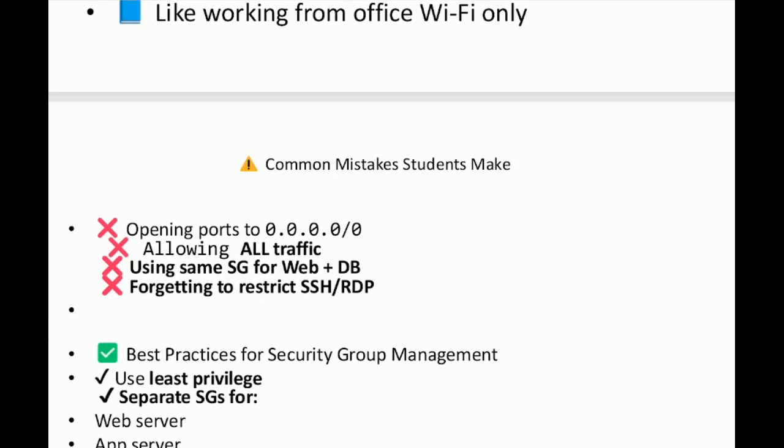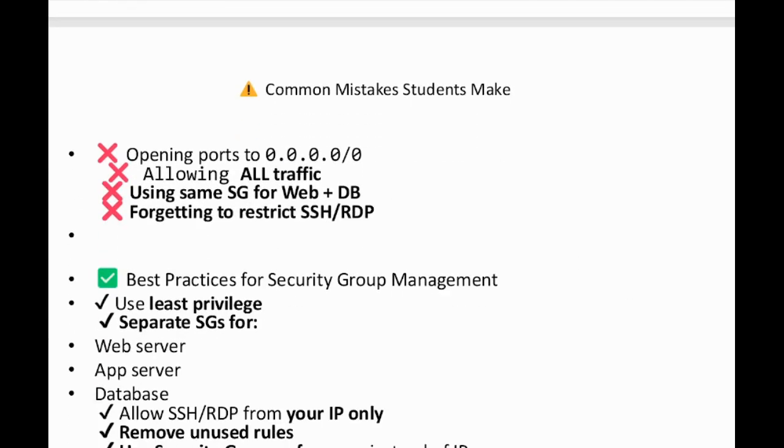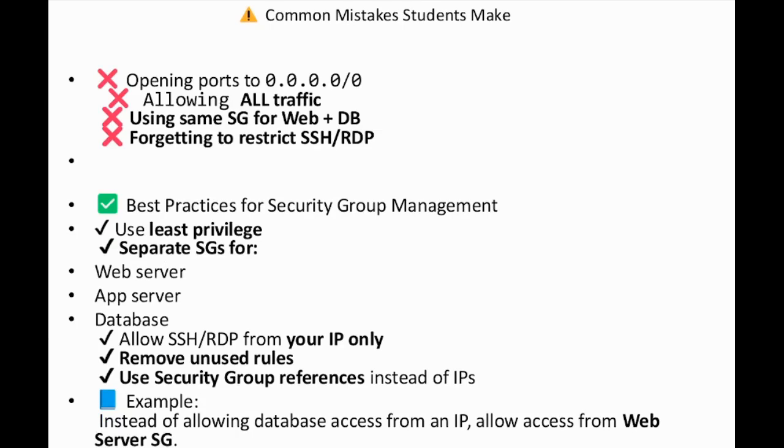This is the mistake which students mainly make: allowing all traffic, which opens all the ports, using the same security group for the web server and the database server, and forgetting to restrict SSH or RDP. So this is the common mistake. You have to keep this in mind.